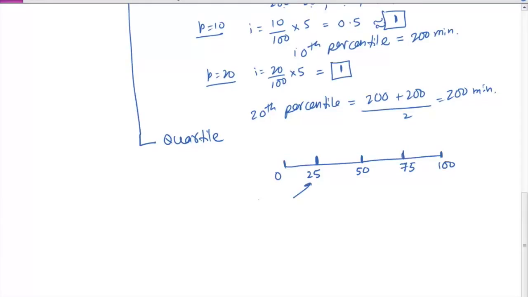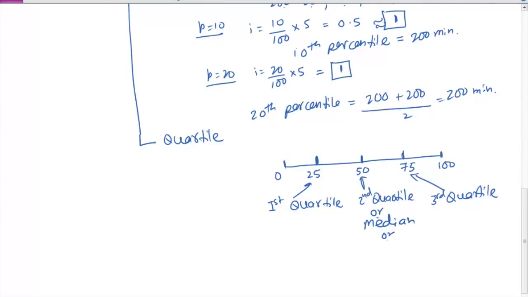This is called the first quartile, then the second quartile and third quartile. The second quartile has 50% to the left and 50% to the right, so that's actually what the median is, also the 50th percentile.